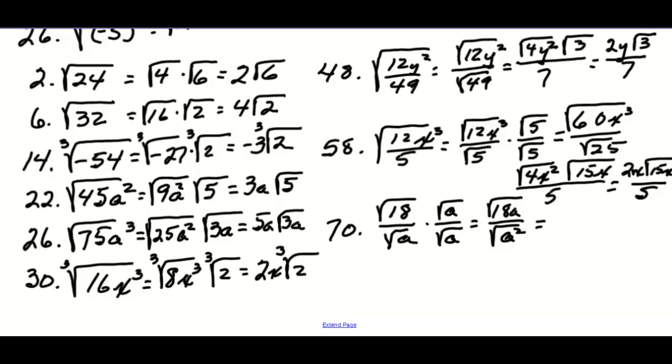So what I have here is the square root of 9 times the square root of 2a all over the square root of a squared, which happens to be just a. And then this turns out to be 3 times the square root of 2a all over a.